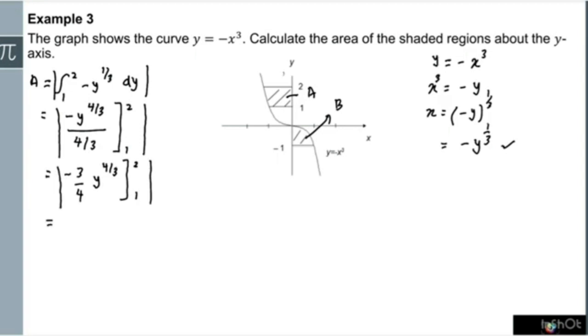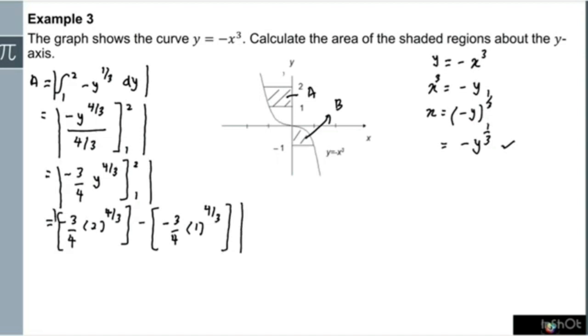So next step, we substitute the value. So we have negative 3 over 4 times 2 to the power of 4 over 3, minus negative 3 over 4 times 1 to the power of 4 over 3, modulus, and you press your calculator, you should have negative 1.1399, modulus.